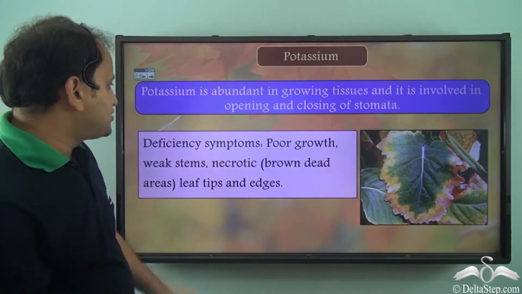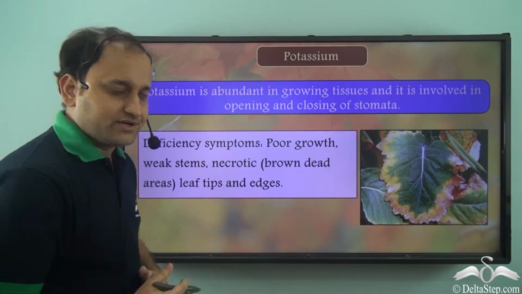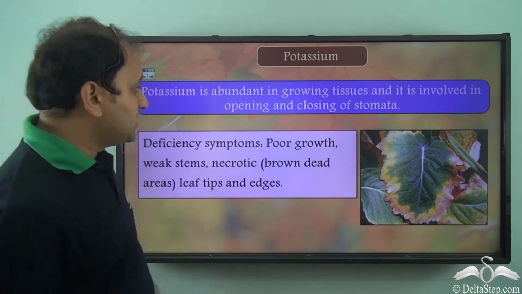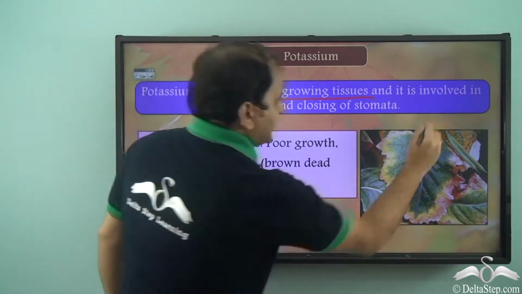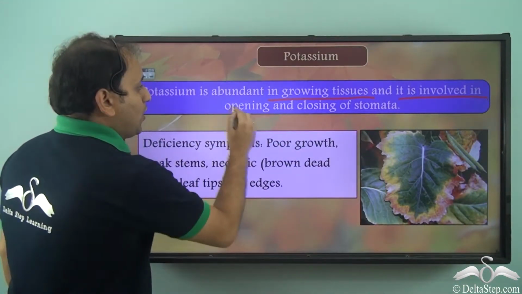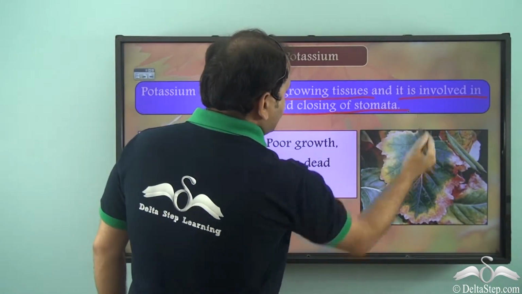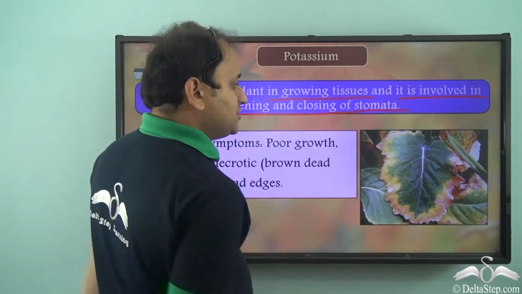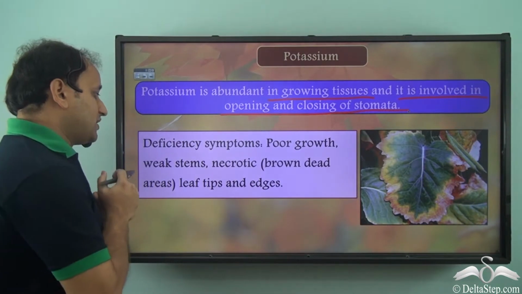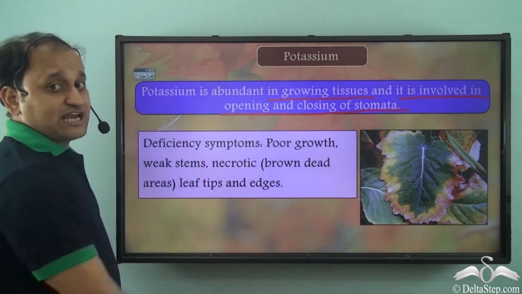Now, let's come to potassium. Why is potassium important? Well, potassium is abundant in growing tissues and it is involved in opening and closing of stomata. So, this is definitely a very important nutrient. Now, what are the deficiency symptoms of potassium?